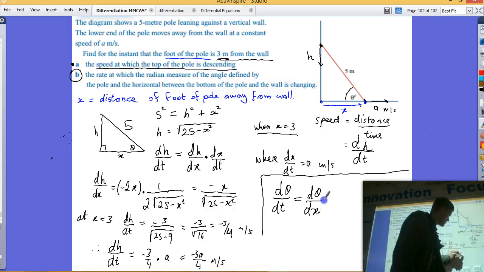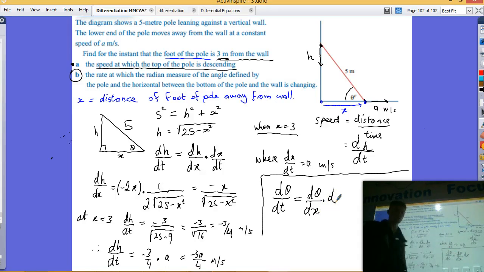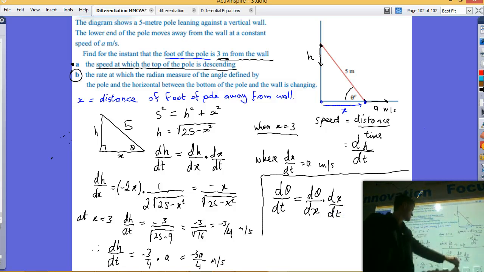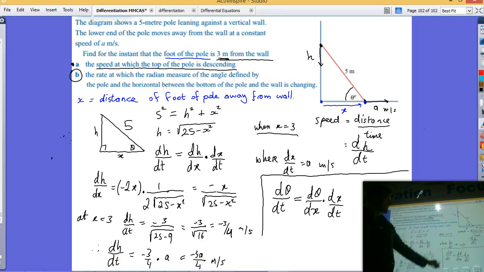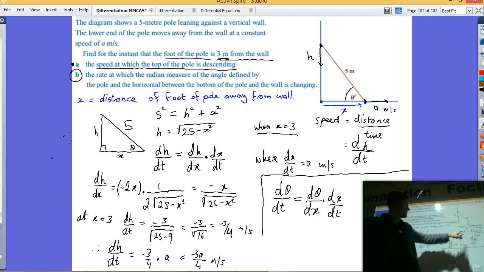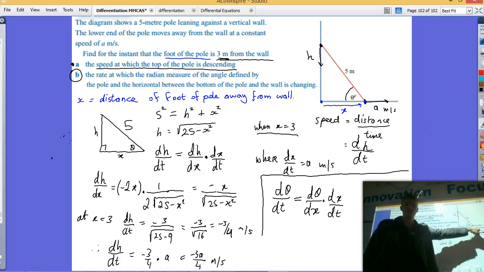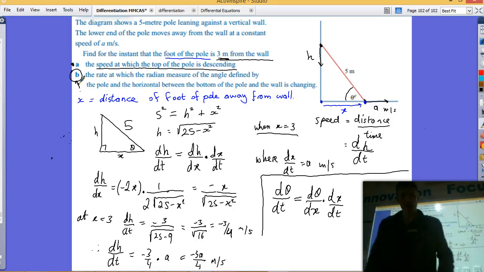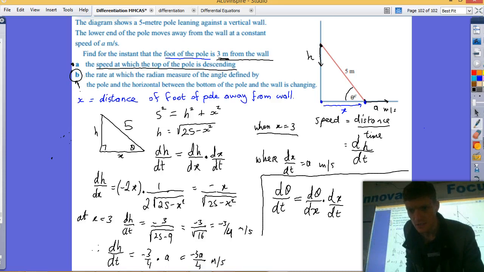And to make the chain rule consistent, we then also must need to know the rate at which x changes with time, which is a quantity we know and we've worked out previously. A meters per second. Alright, so it's a little hint on how to tackle that problem. Have a go, try B, and if you have any questions, please ask.